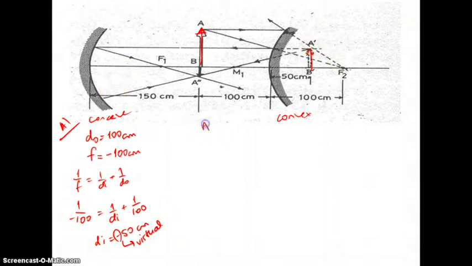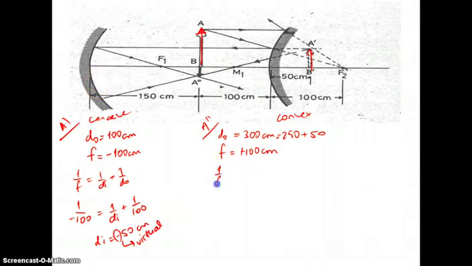Now, for the A prime prime image, distance object to the concave mirror is 250 centimeters plus 50 centimeters, so it is 300 centimeters. And focal length is now positive 100 centimeters because light rays reflect from the concave mirror.